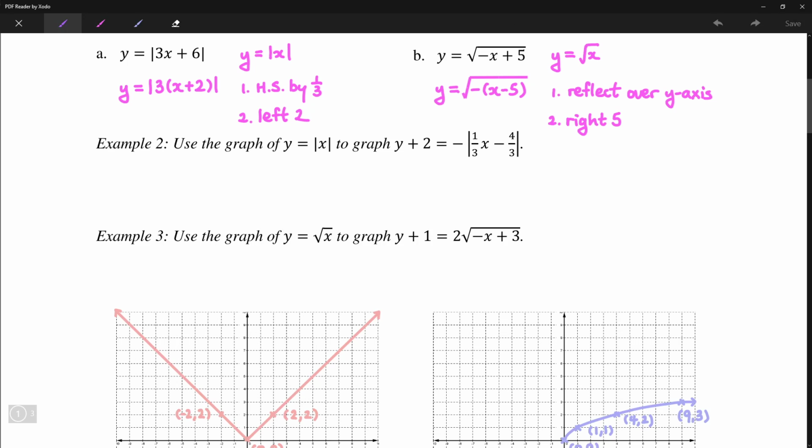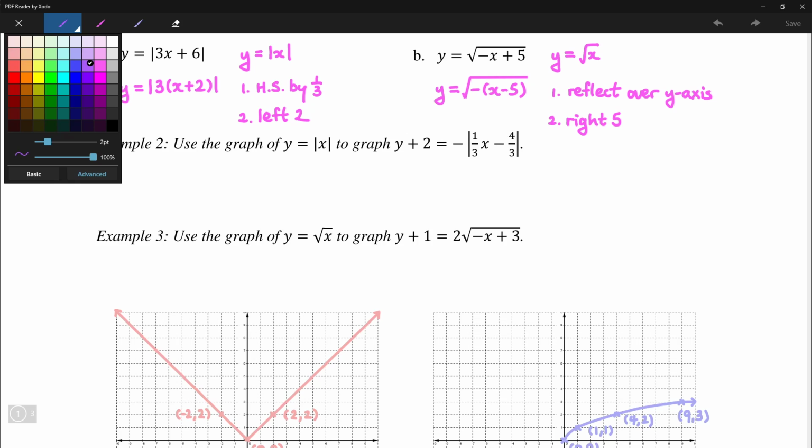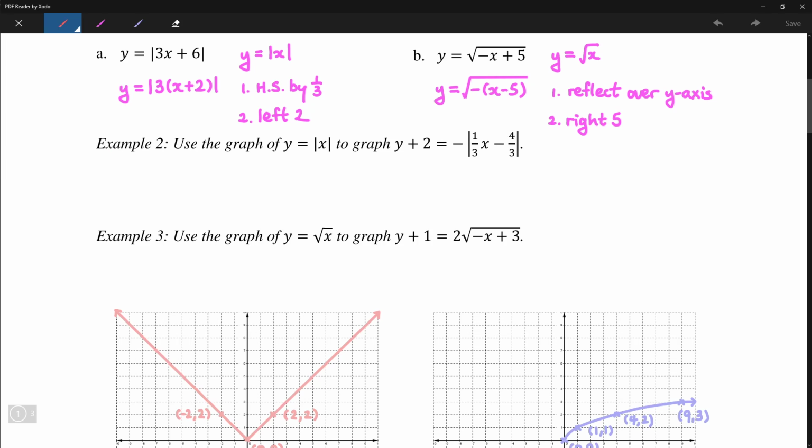All right, so just like the previous example, we will factor out the 1/3 from inside of the absolute value, and that will leave us with x minus 4.